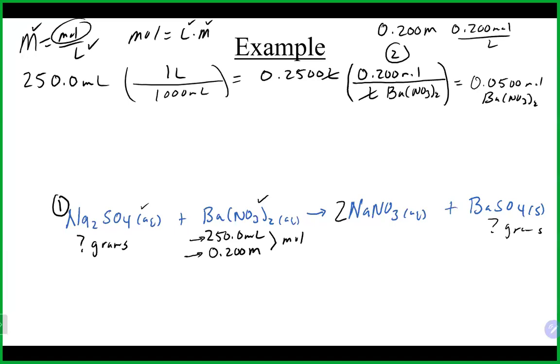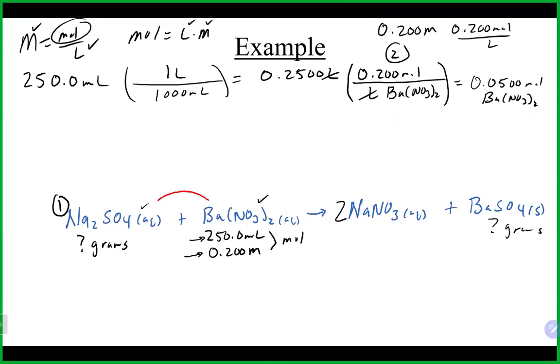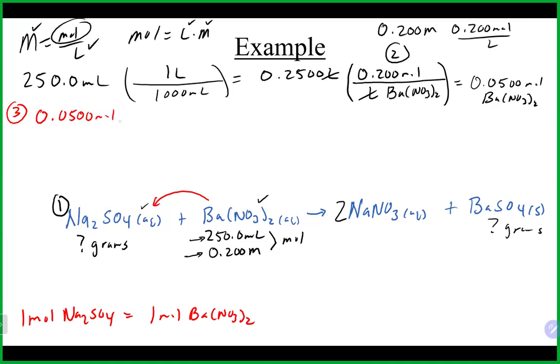So the first thing I'm going to do is the mole-to-mole relationship this way to figure out how much of our other reactant we need. We can see from the equation that for every 1 mole of my sodium sulfate, I have 1 mole of my barium nitrate. So it's a nice 1-to-1 relationship here. For the third step, to figure out our reactant, we'll take our 0.05 moles of barium nitrate.